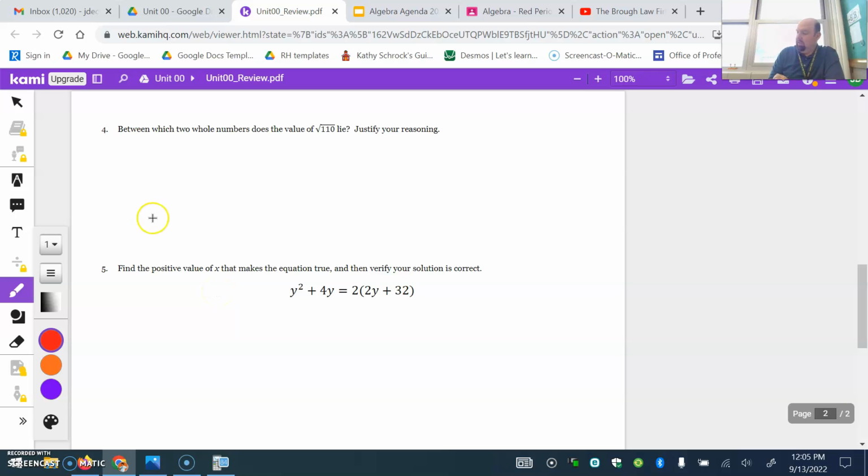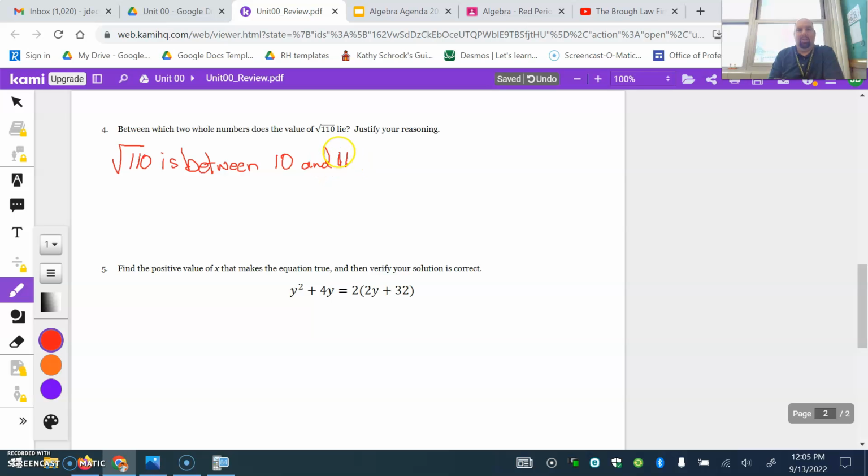So now, next step is to say, okay, what two numbers is that between? For me, it's pretty obvious. Square root of 110 is between the whole numbers 10 and 11.